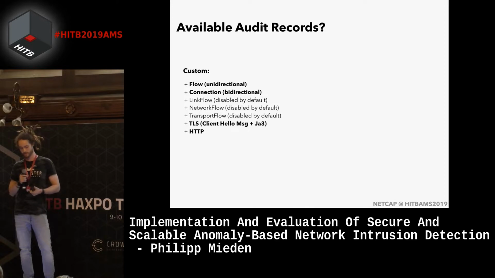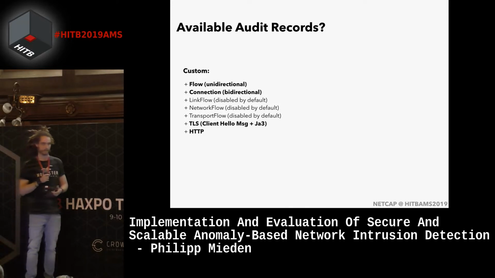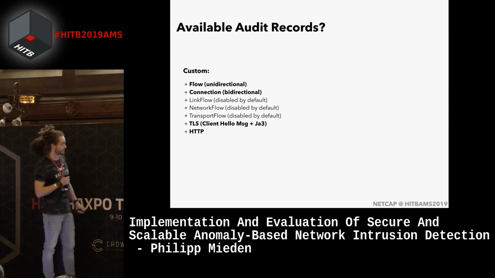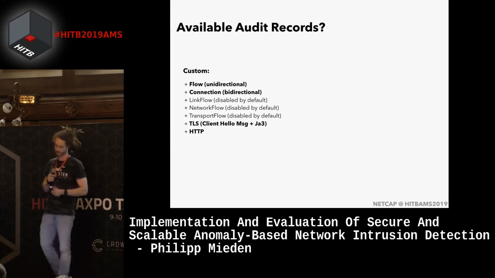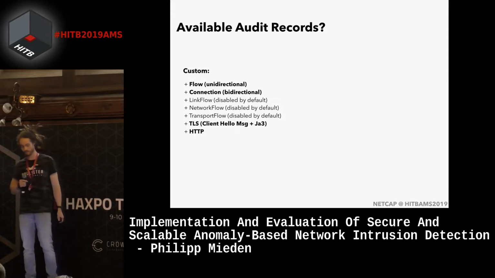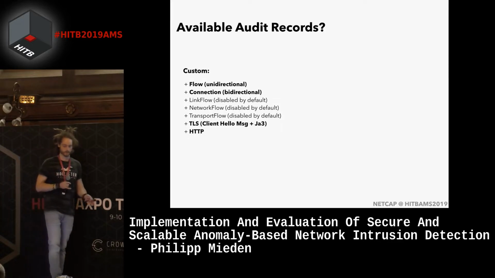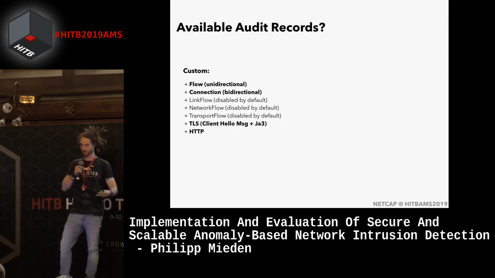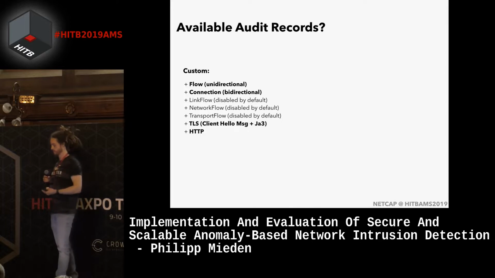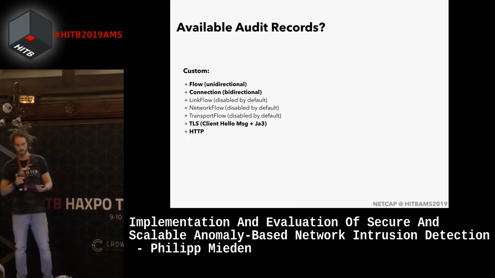There's, for example, also an audit record type for TLS handshakes that also includes the JA3 hash and all the cipher suites that have been negotiated in the handshake. And then there's an audit record type for HTTP, which is a special case because an HTTP request or an HTTP response can be split up across multiple network packets. That's why it's not included in the Go packet library by default, and we need to do TCP stream reassembly to basically parse the HTTP requests.